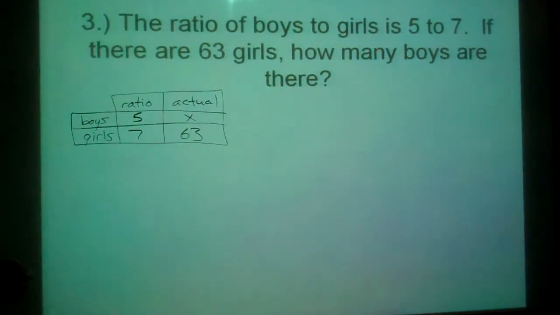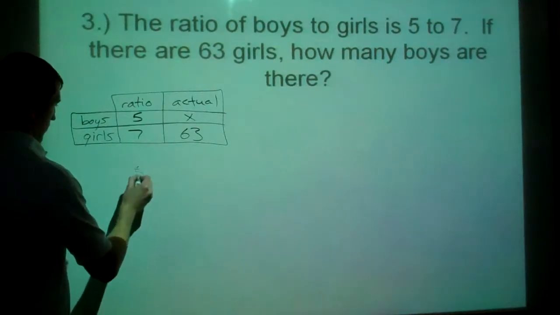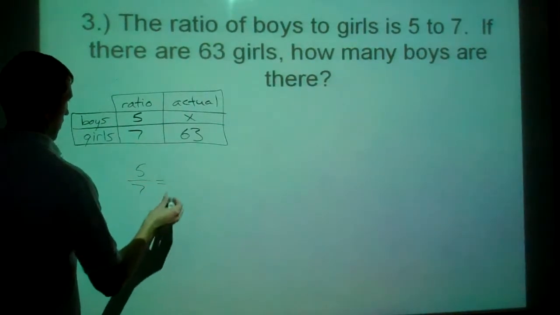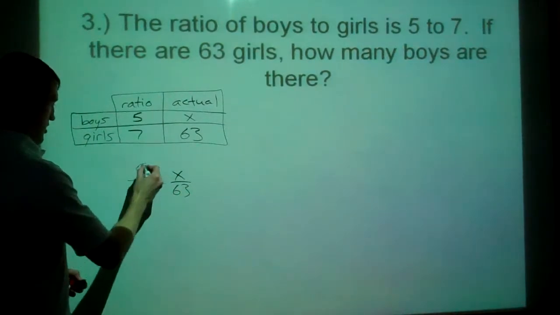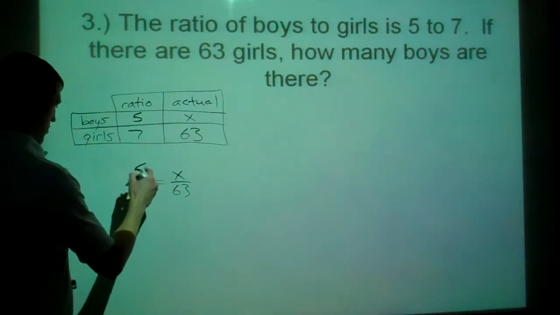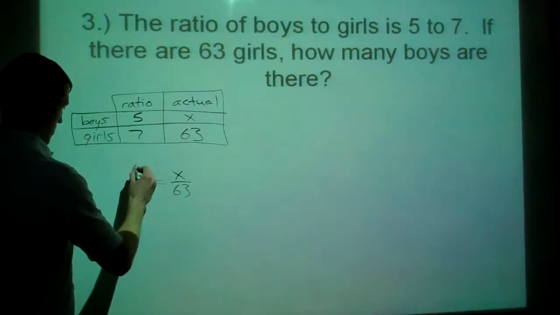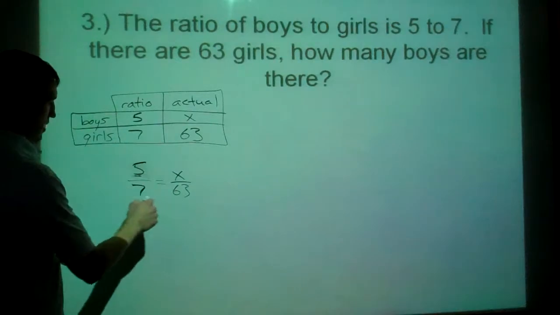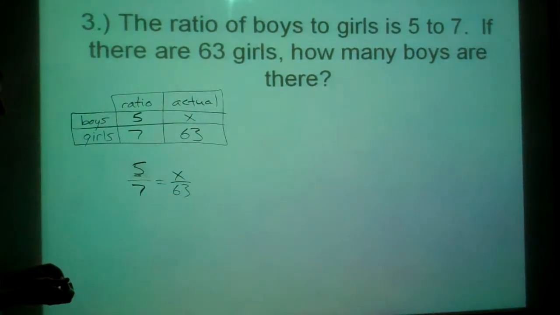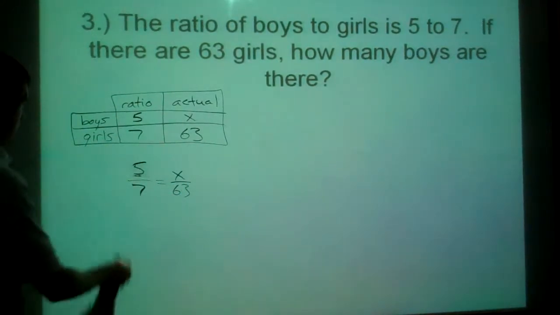We can set up a proportion if we want to. 5 over 7 equals x over 63. We could cross multiply and divide if we wanted to. So we could do 5 times 63 divided by 7, that would give us x. We could do it that way to figure out how many boys there are.